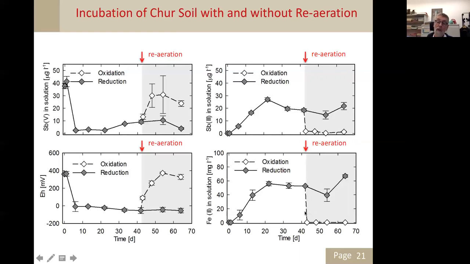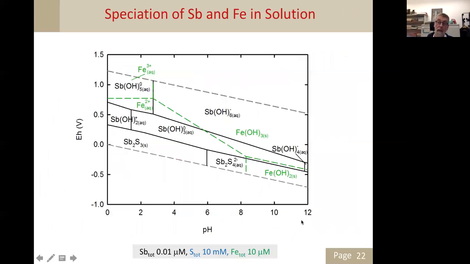And the iron also got rapidly removed again with oxidation and precipitation. And with that, also the antimony 3 that was left was sorbed again. The amount that was not oxidized to antimony 5.